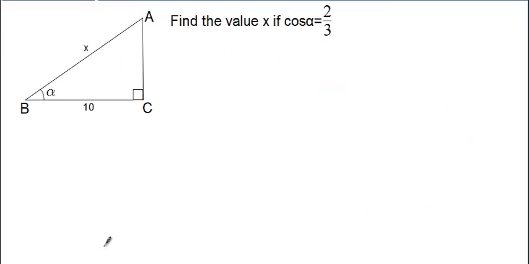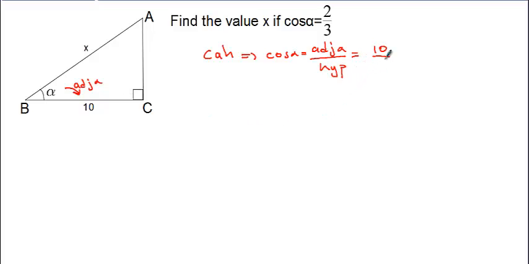If we solve another example for the cosine alpha, what was the abbreviation form for the cosine alpha? For the cosine alpha, it was CAH, which means cosine alpha is equal to adjacent of alpha over hypotenuse. Here this is adjacent of alpha, and over hypotenuse is 10 over x.